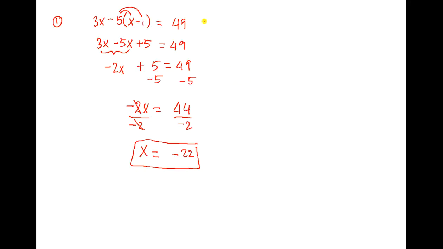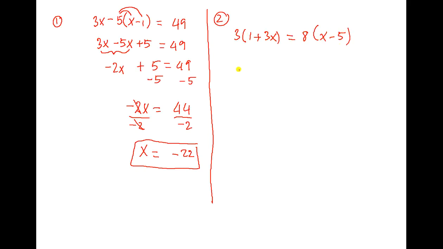Let's go over another example on this week 1. Again, it also asks you to solve the equation. So this is the equation: 3 times (1 plus 3x) equals 8 times (x minus 5). Now we are trying to solve for x. Again, the rule is to eliminate x to one side and the rest to the other side.